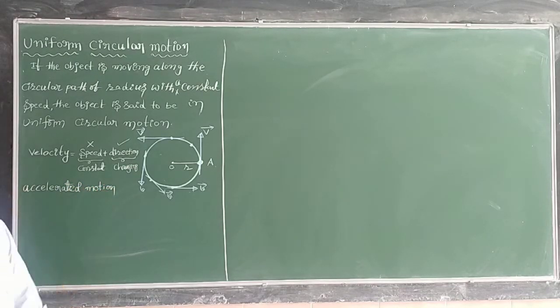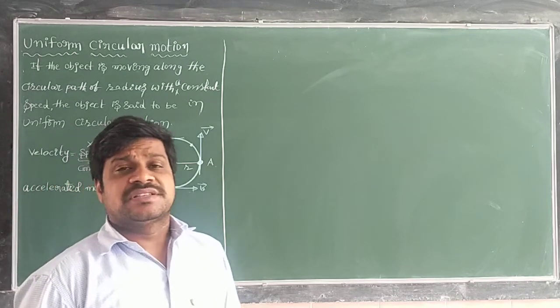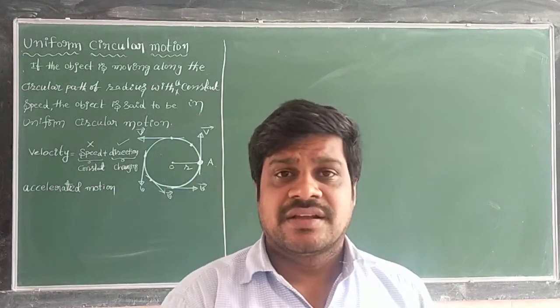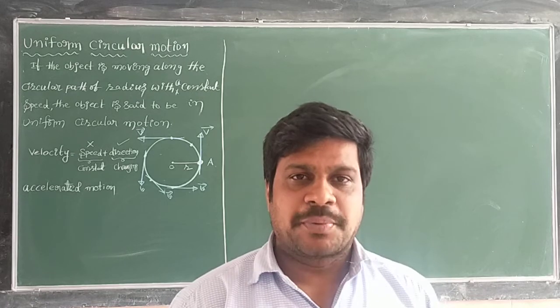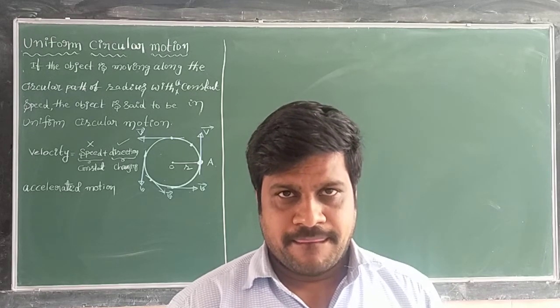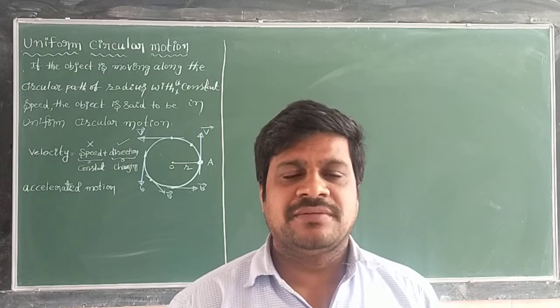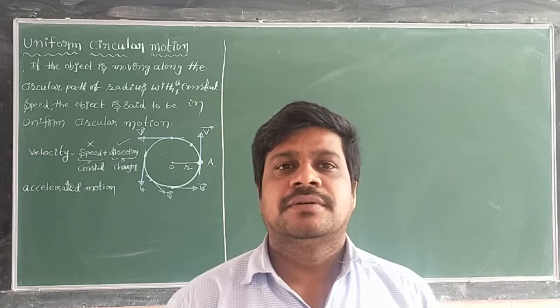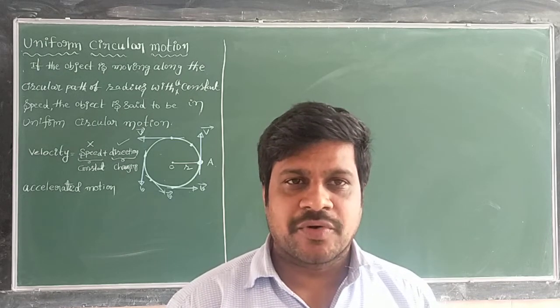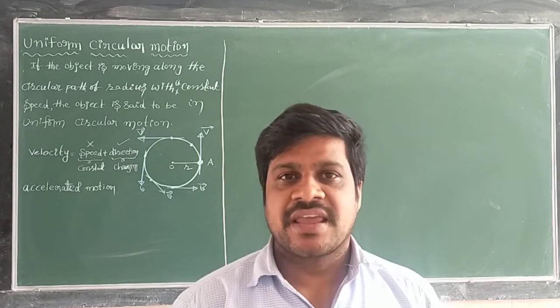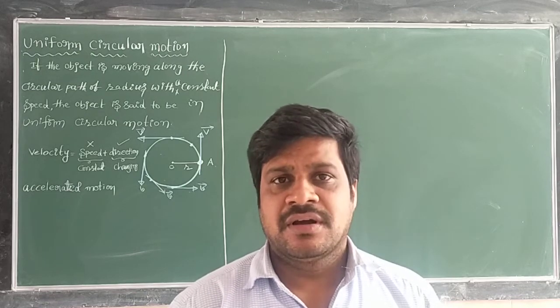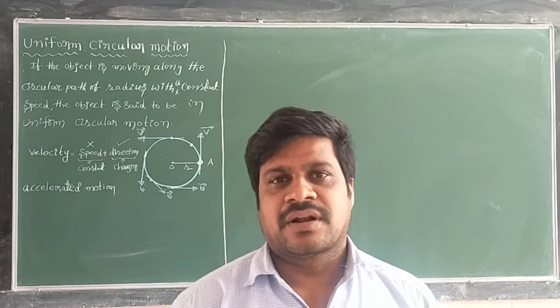They may ask one more question: uniform circular motion is dash. Option A, accelerated motion. Option B, non-accelerated motion. Option C, uniform motion. Option D, none of these.